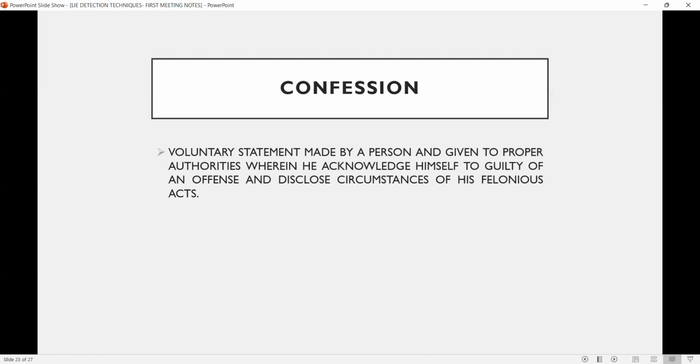In extrajudicial admission, ang suspect or respondent nag-angkon nga part siya sa nahitabo nga krimen but dili daw siya gapatay. Like wala siya ni statement of facts ba? Yes, part ko, kauban ko, ana mga panghitabo.